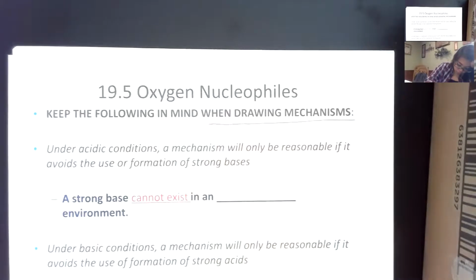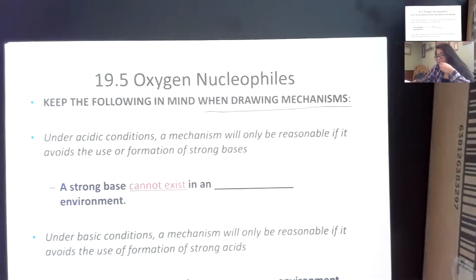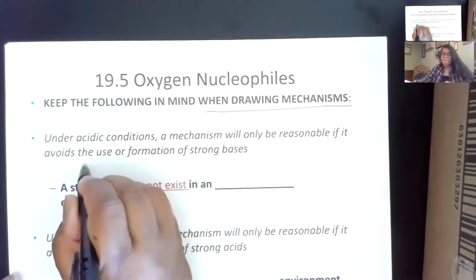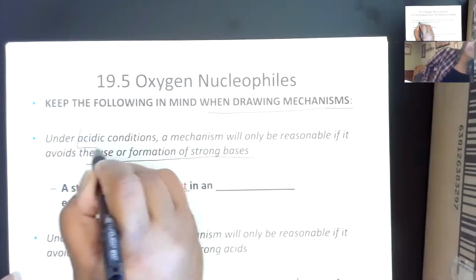So under acidic conditions, a mechanism will be reasonable if it avoids the use of or formation of strong bases.